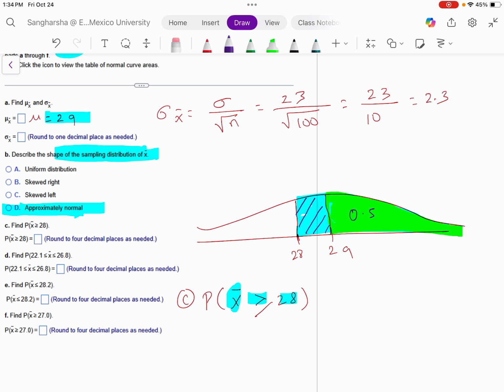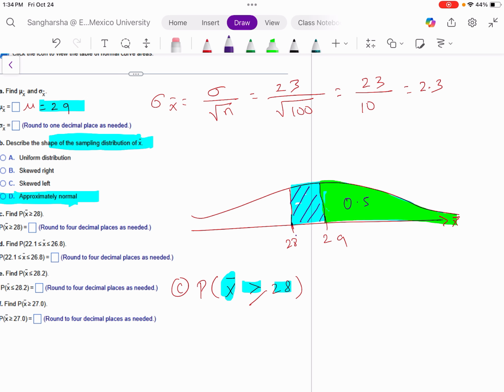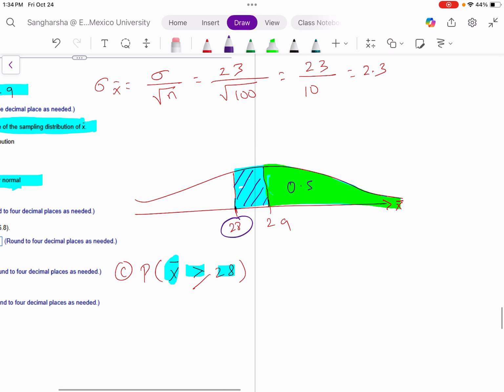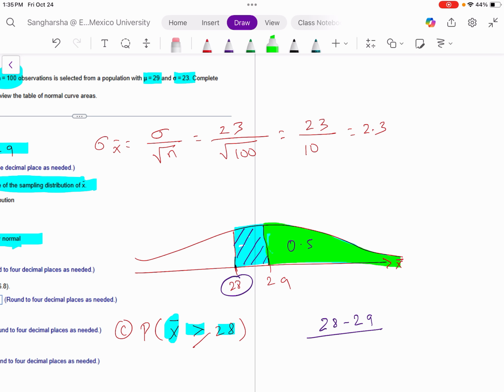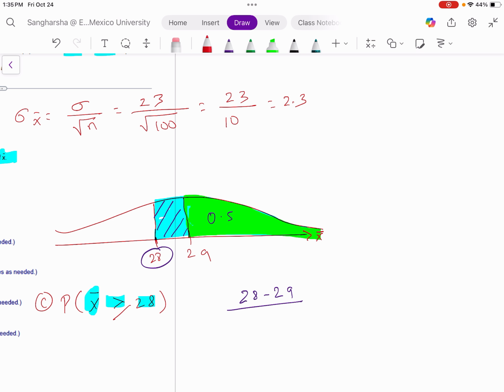Now here this is our x bar. It's a normal distribution, so we use a G table, but to use a G table we need to convert each x bar into a G. To convert 28 into G, the formula is x bar minus mu of x bar divided by sigma of x bar.